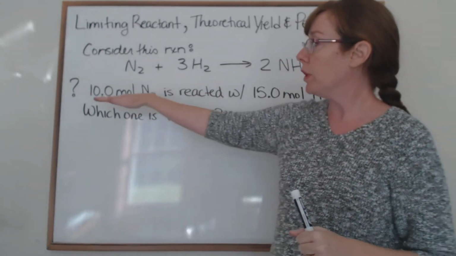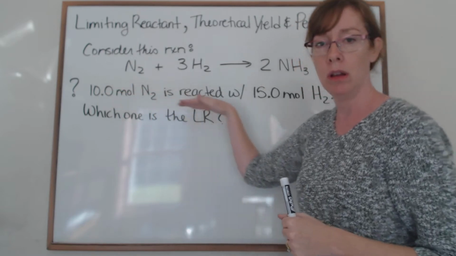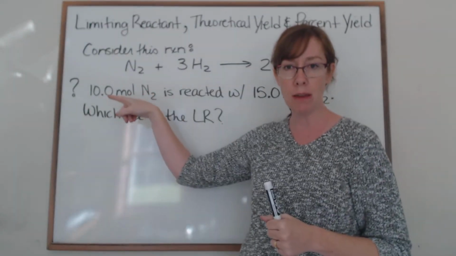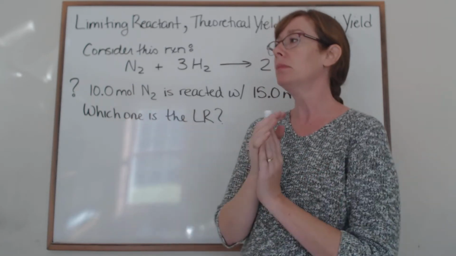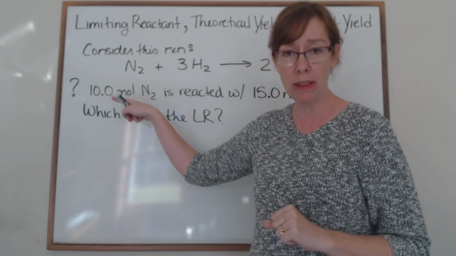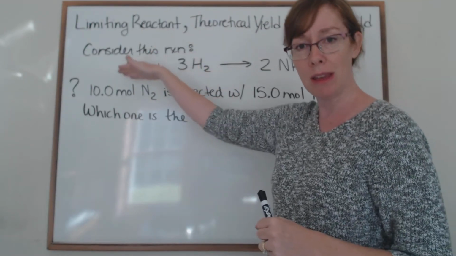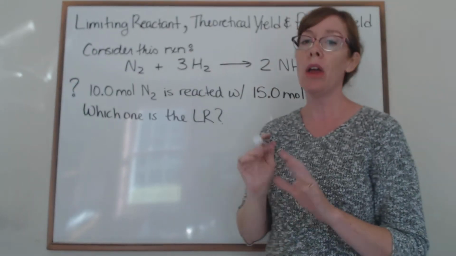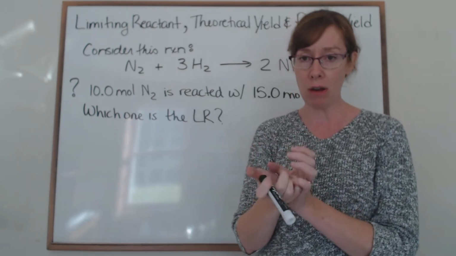Now, a lot of people will look at those numbers and say, well, if you had 10 moles of N2 and 15 moles of H2, then it must be nitrogen because you have fewer of it. And that is the wrong way to think about it. It is not necessarily the one that has the smaller number, because it depends on how much you need stoichiometrically for the reaction to occur, which is why what you really need in your toolbox is a technique to figure it out.